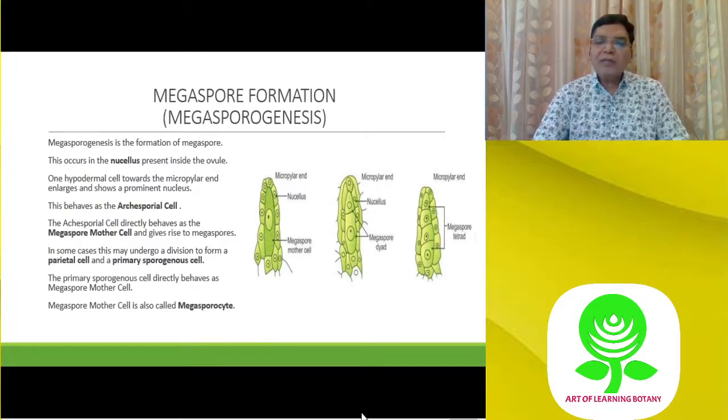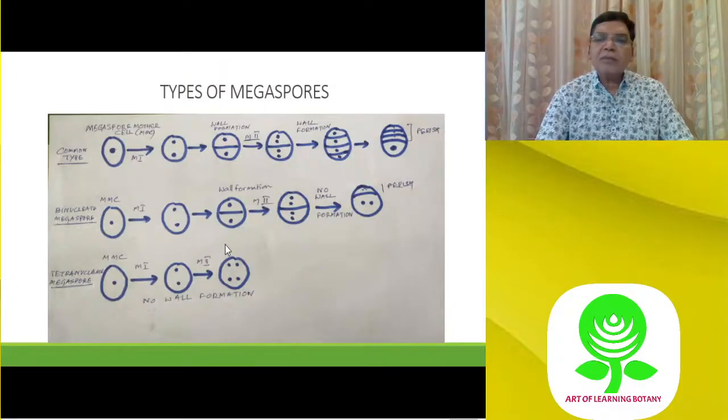However, we find some deviation in the development of the megaspore due to variation in the cell wall formation during megaspore development. Now let us see how the different types of megaspores are formed.